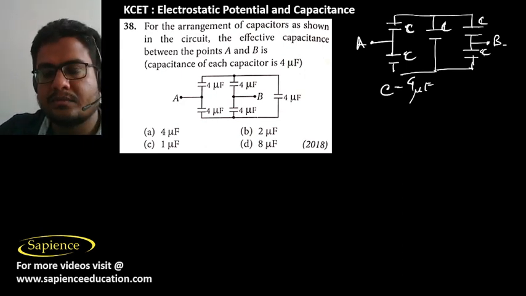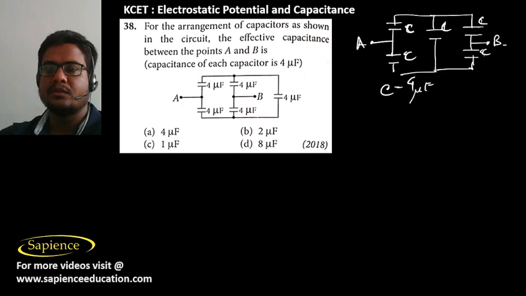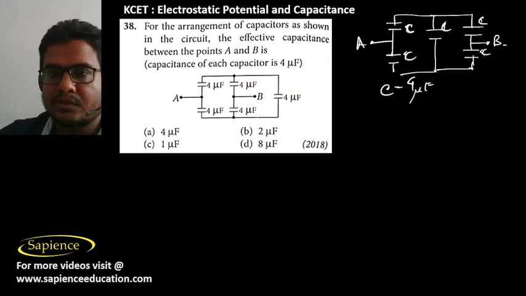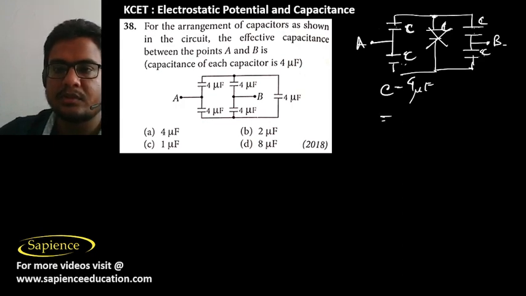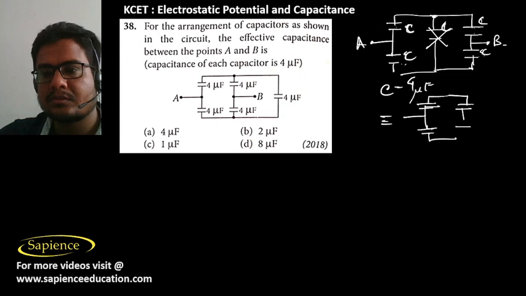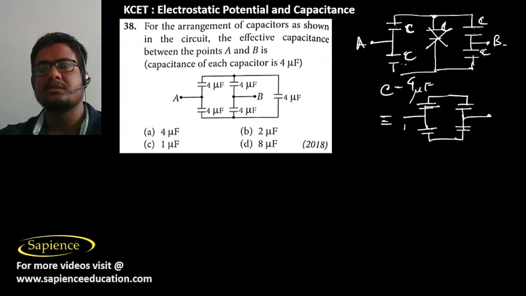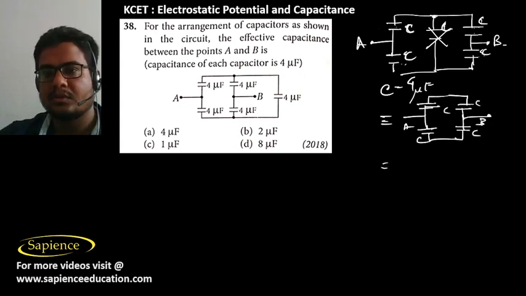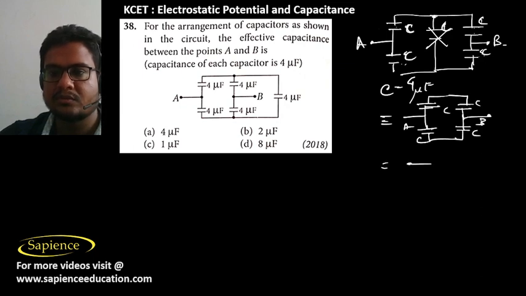Now here, actually it is a Wheatstone bridge, since the ratio of these two capacitors is equal to that of these two capacitors. That means no current will flow through this capacitor. So equivalently we can say it is like this, A and B. So this is C. These two capacitors are in series, so their equivalent is C by 2 for each.